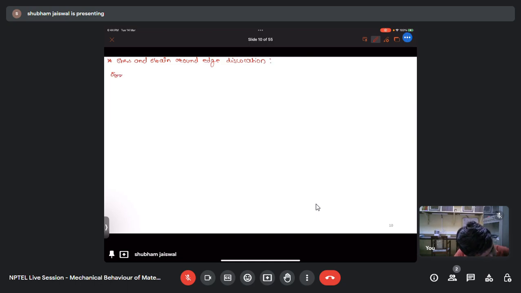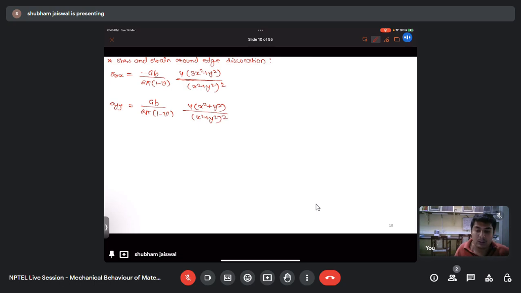So we'll get an equation like sigma xx is equal to minus Gb upon 2 pi (1 minus mu) into y (3x square plus y square) upon (x square plus y square) whole square, and sigma yy is Gb upon 2 pi (1 minus mu), where mu is the Poisson's ratio, into y (x square plus y square) divided by (x square plus y square) whole square.